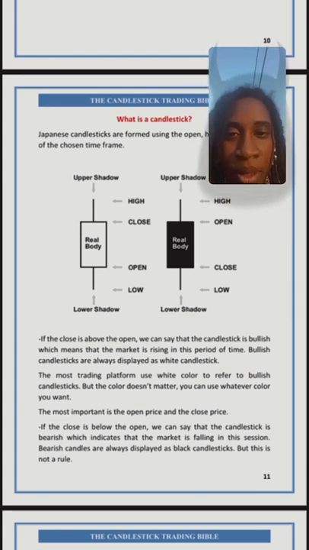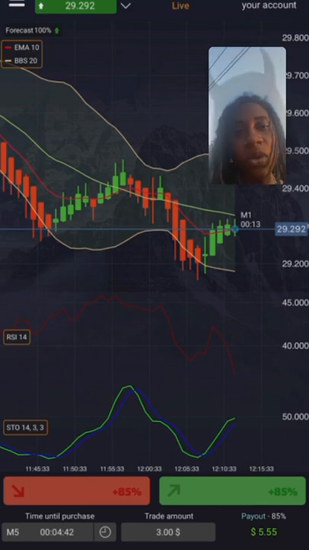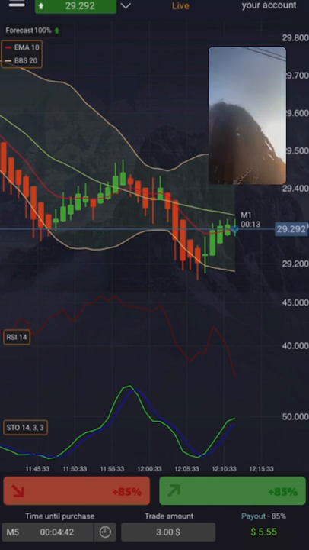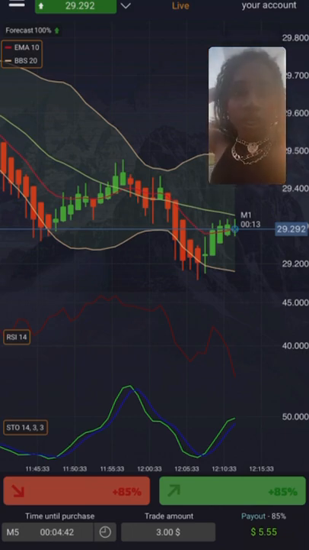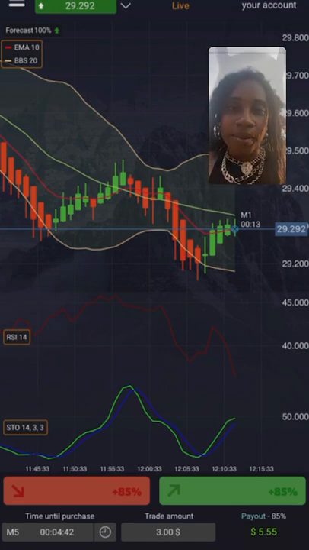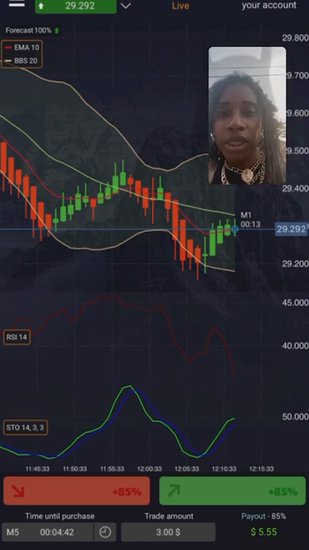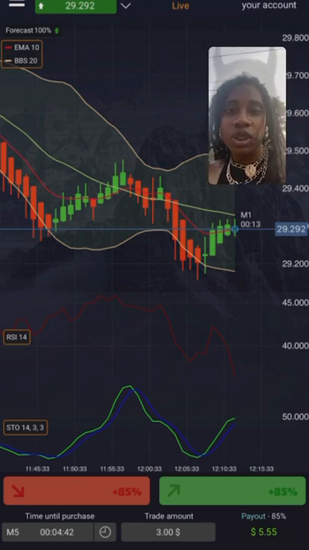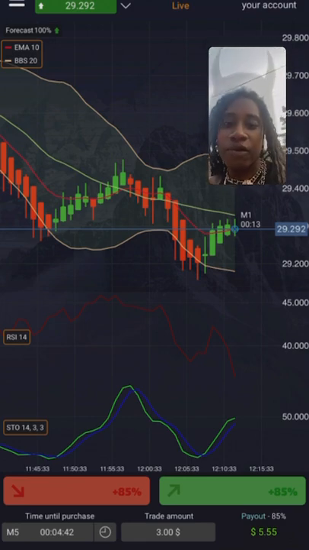And so, for example, if you look on this chart, this is from my PO trader. On here, this is what the candles look like when you're using the Money in Minutes platform, right?